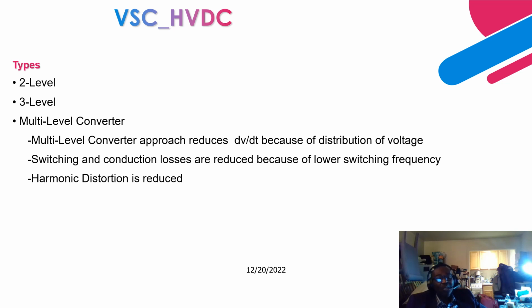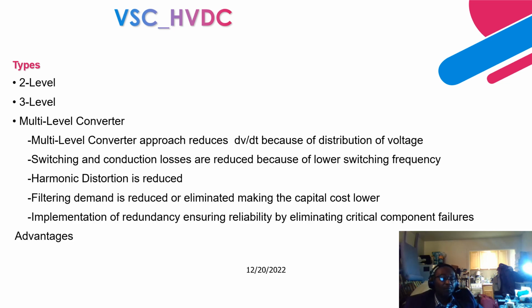And also, utilizing several modules, you can build it to the desired voltage that you require. And as you build it more and more to achieve the desired voltage, you achieve the perfect sinusoidal voltage. So basically your harmonic distortion is very reduced, and basically you don't require filters for that.